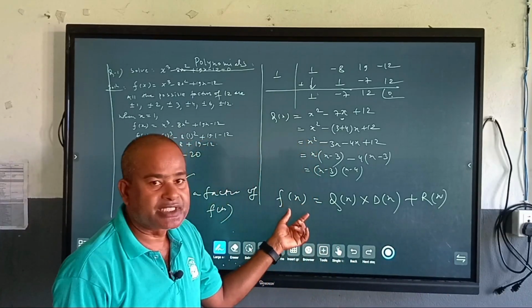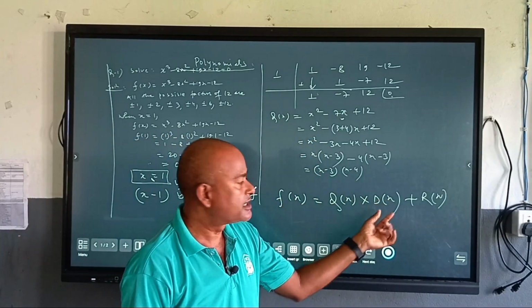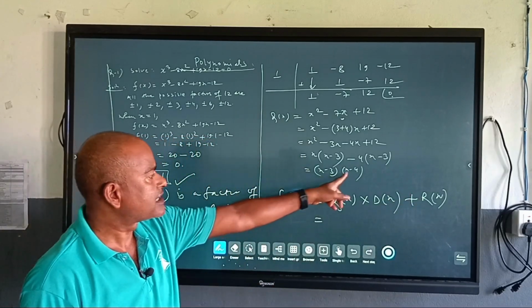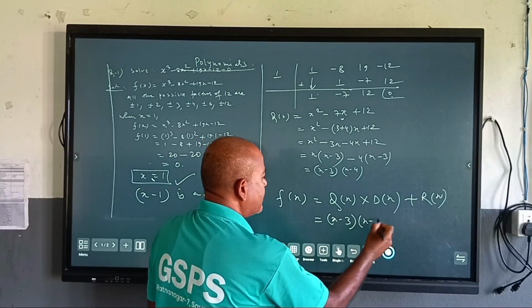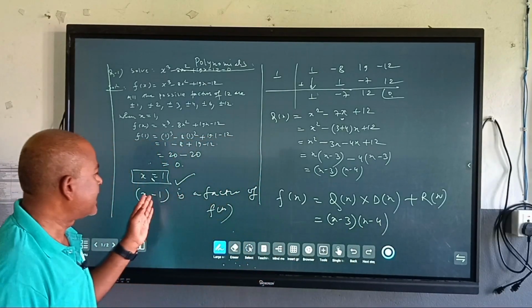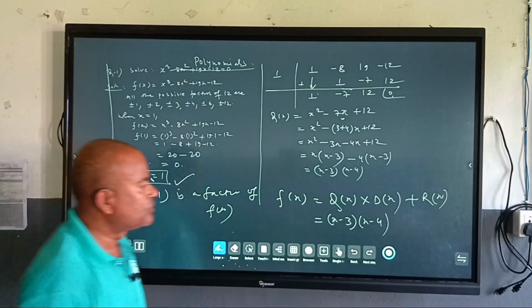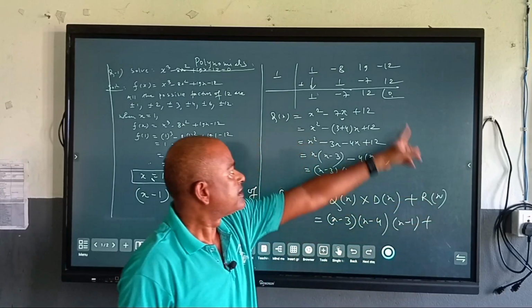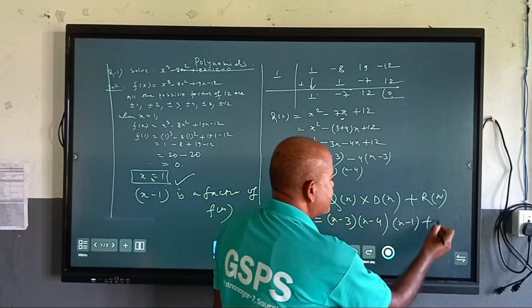So we have got x minus 3, x minus 4 as the quotient in the factorized form, and the divisor is x minus 1, which is the first factor of the given polynomial. So the divisor is x minus 1 and the remainder is 0. By the synthetic method of division, we have got remainder 0.